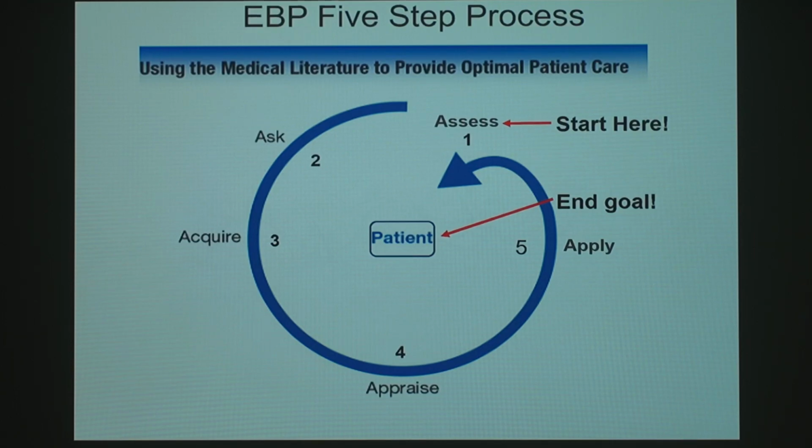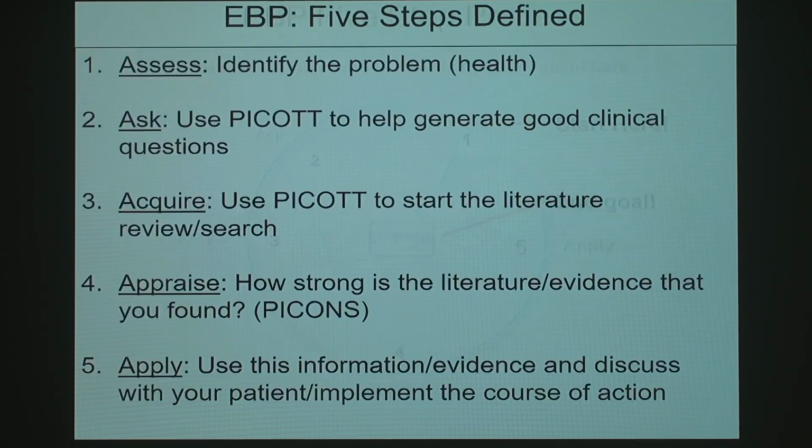If you find the data to be valid, then you will apply it, and the assessment is the appraisal. You will apply that valid data ultimately to your patient treatment plan to ensure that your patient has the best care that you are able to provide. All right? And here are those 5 steps that I mentioned.